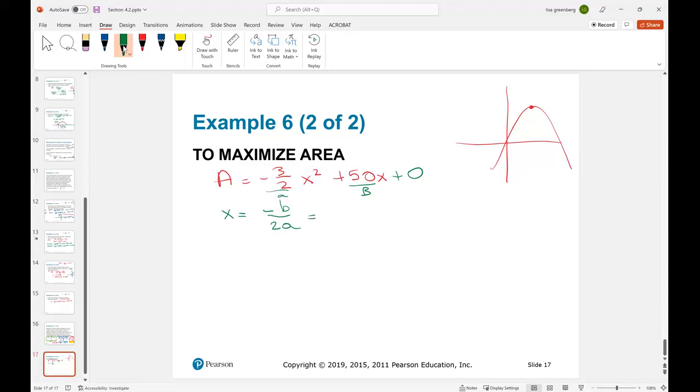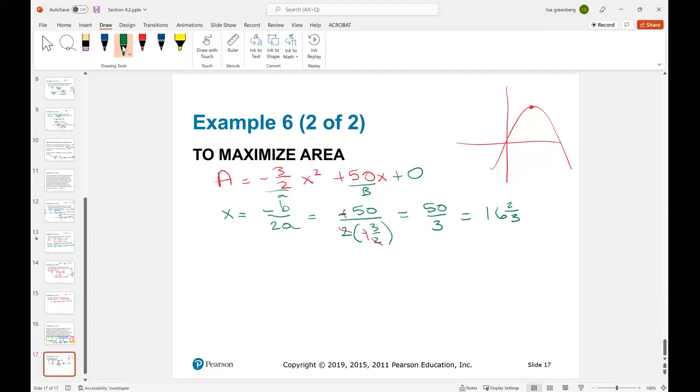So this is going to equal negative 50 over 2 times negative 3 halves, which is equal to, well, the negatives are going to cancel with each other, make them both positive, and this 2 can cancel with that 2. So what I end up with is 50/3, which simplifies to 16 2/3, or some decimal value if you'd rather.